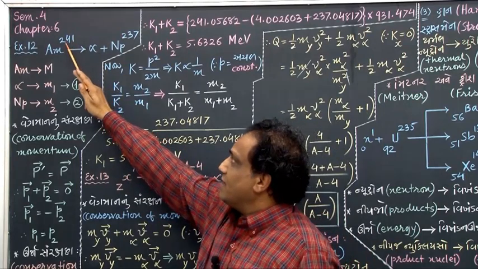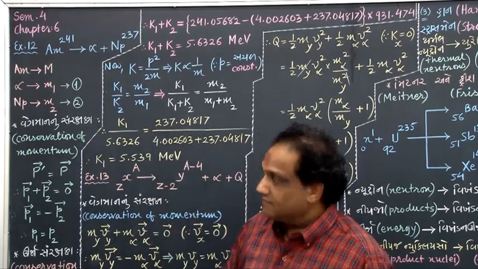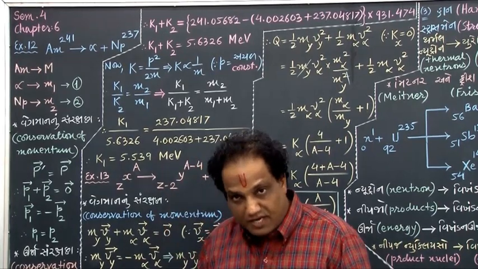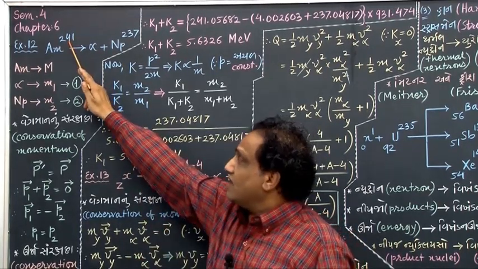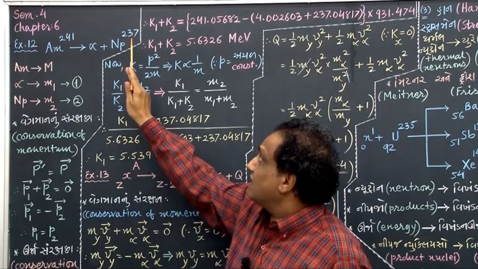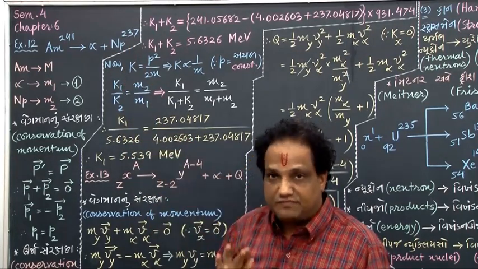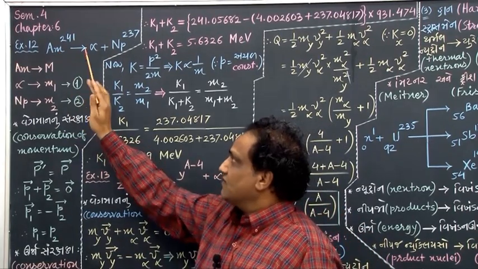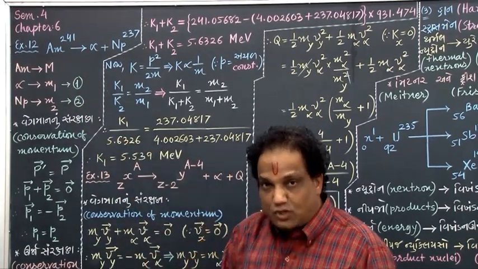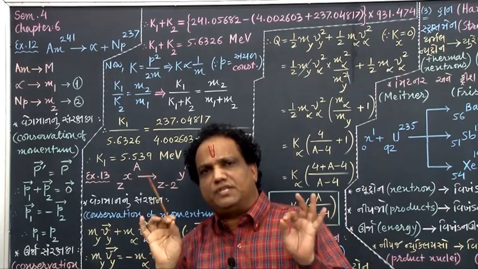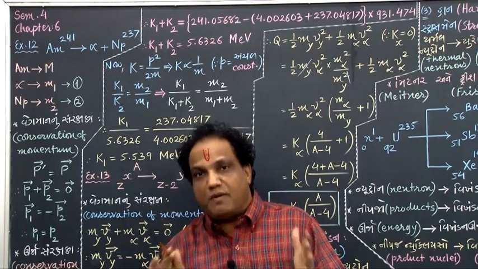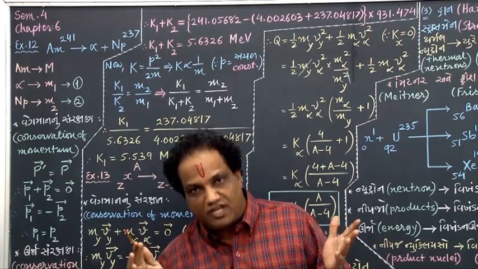Now here atomic mass number is 241, and alpha particle, you know, it is 2He4. So 241 minus 4, it will be 237. Simple. Now, just for the sake of simplicity, you please adopt very simple symbols so that you can write very speedily, you can remember, and you can get the final answer very quickly.